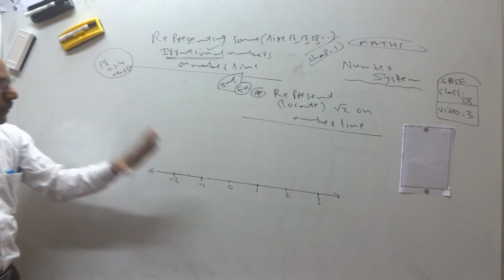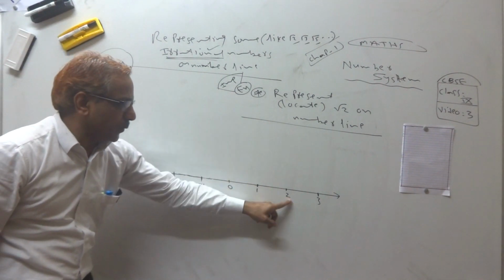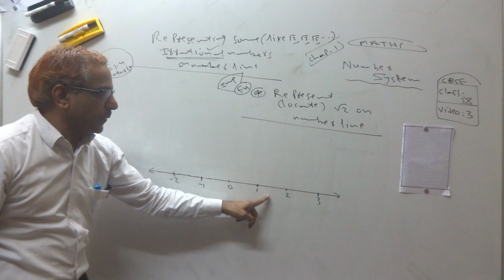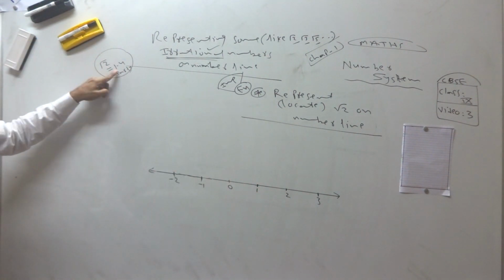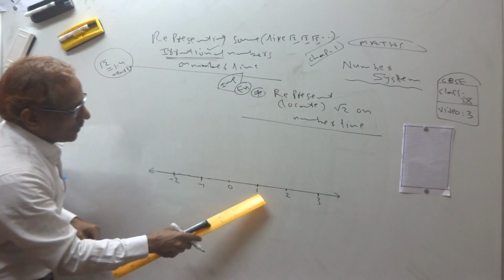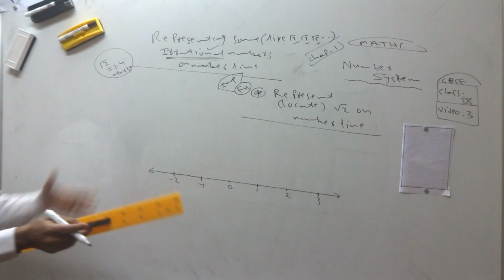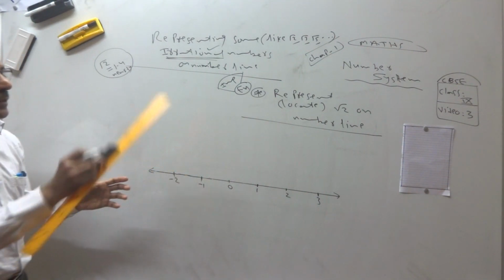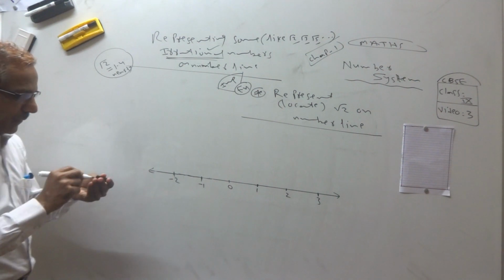So where does 1.4 come? 1.4 comes between 1 and 2, so your answer should be between 1 and 2. Because root 2 is 1.4. So it will come between 1 and 2. It is nearly. But actually we can't do it directly. We have to use a compass and all for this. So what is the method?